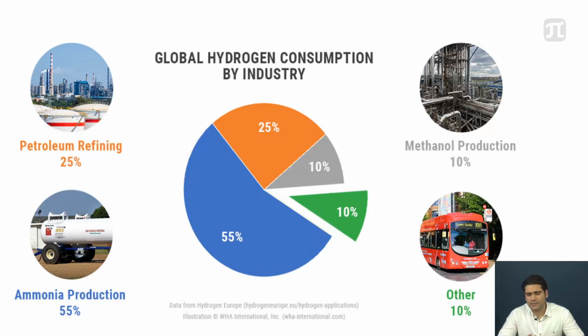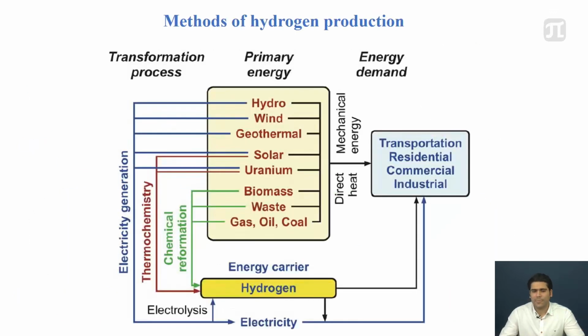For transportation and other uses, only 10% of produced hydrogen is used. It means that we have a great opportunity for increasing the utilization of hydrogen in the world.